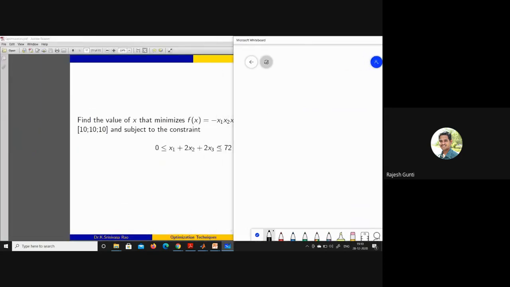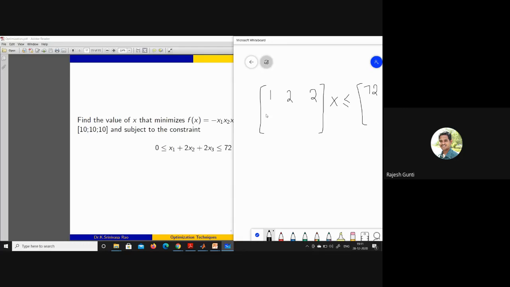First, I am taking this less than or equal to: 1, 2, 2, first row less than or equal to 72. x1, x2, x3 less than or equal to 72. Second equation, x1 plus 2x2 plus 2x3 greater than or equal to 0.